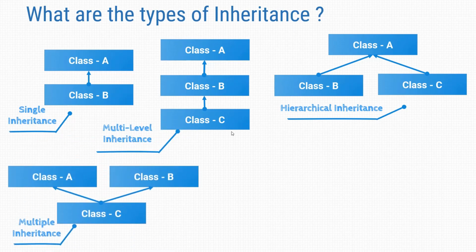It is multiple inheritance. So what do we mean by multiple inheritance? Basically, here class A and class B are both base classes, and class C is trying to inherit from both class A and class B at the same time.